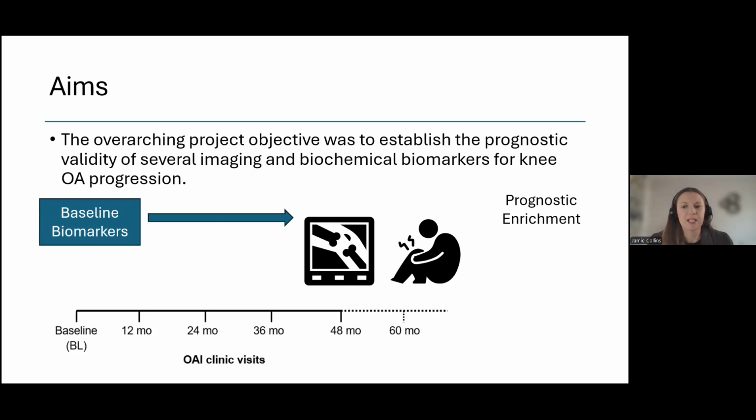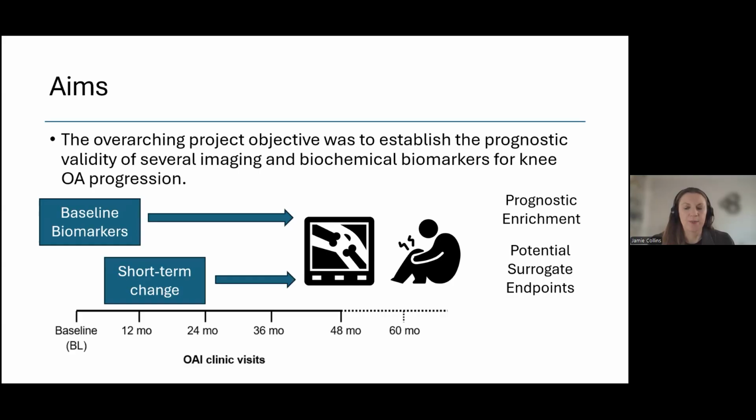And the study investigated whether biomarkers measured at baseline were prognostic of disease progression, with the idea that these could be used for prognostic enrichment of progressors in clinical trials. And it also investigated whether short-term change in biomarkers measured over 24 months were predictive of longer-term progression, with the idea that such biomarkers may be candidates to assess as potential surrogate endpoints in trials. So is there something that we can measure earlier than radiographic progression that's still predictive of a clinically relevant outcome?